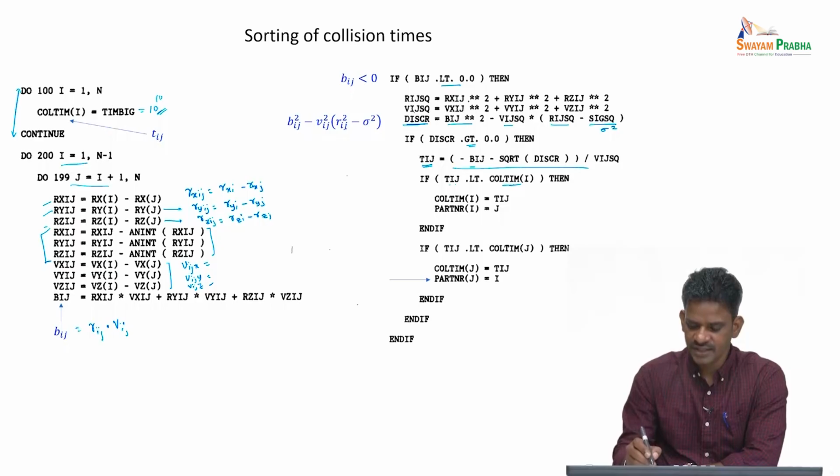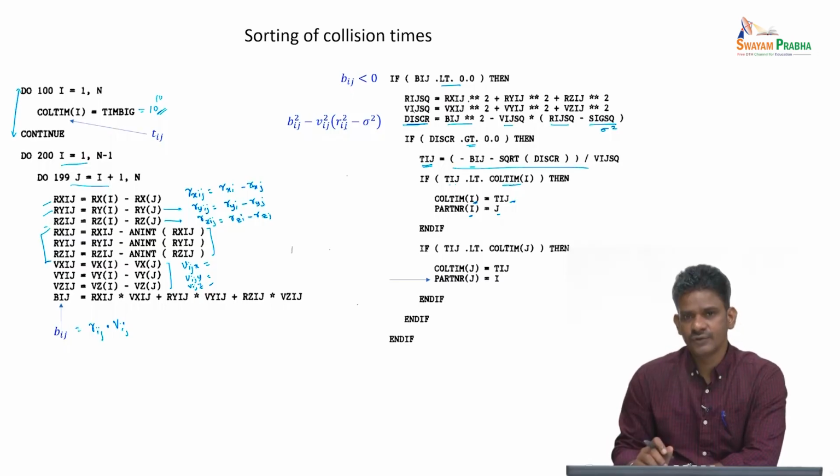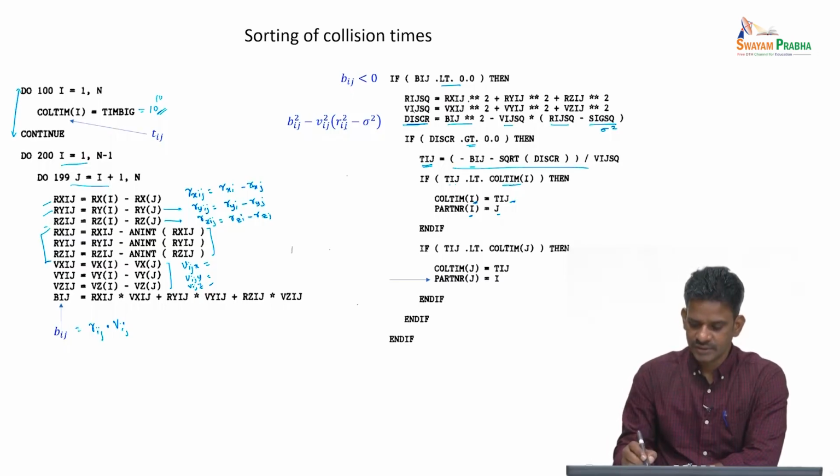If that is the case, then we reassign the collision time of the ith particle as the newly found collision time, and the collision partner of i is going to be j. So, not only do we store the collision time of each particle, but also who the collision partners are. After that we also update the collision partner and collision time for the jth particle in the same loop as well.